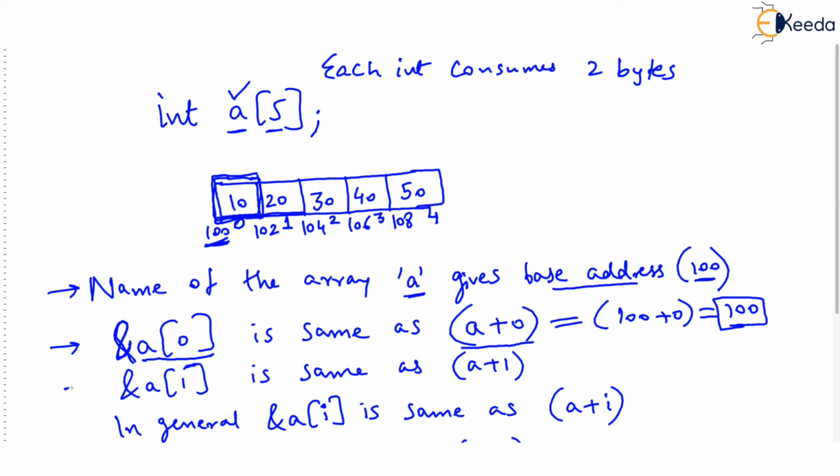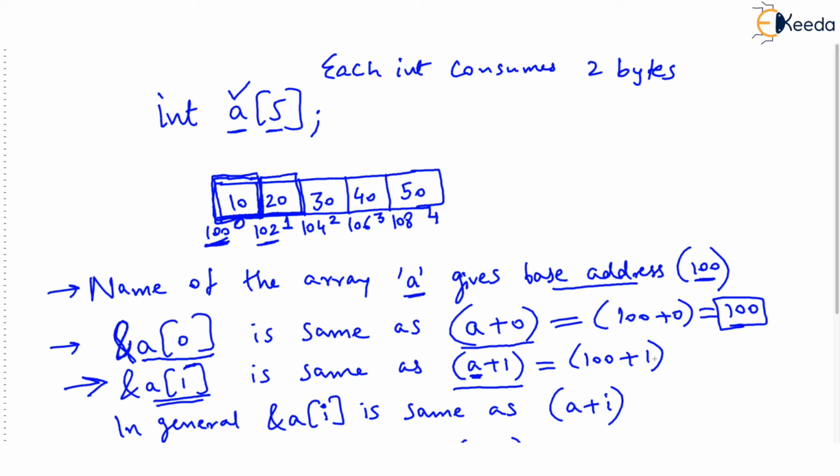But then what is ampersand A1? We want the address of A1. That means we want the address of this element number 1, which is 102. So if you write ampersand and whose address you want, A1, you will get 102. But writing this is same as A plus 1. Now you know that A is 100, the base address. Name of the array itself is the base address and you are adding 1 to it.